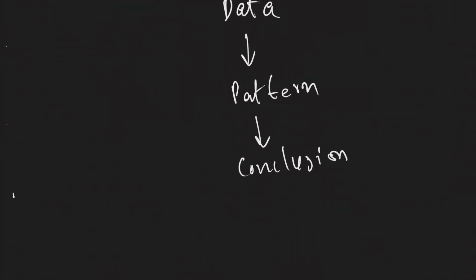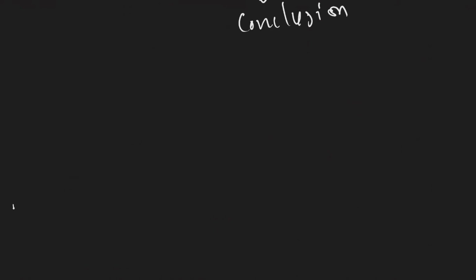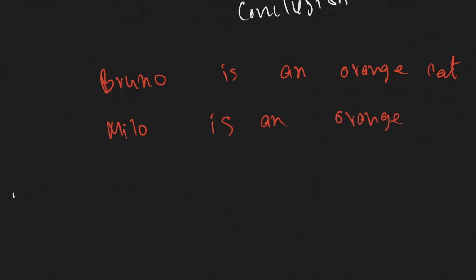Now, let's say that you've only seen 3 cats your entire life. So these are your observations. Bruno is an orange cat. Milo is an orange cat. And you've observed another cat, I don't know, called Buttercup.